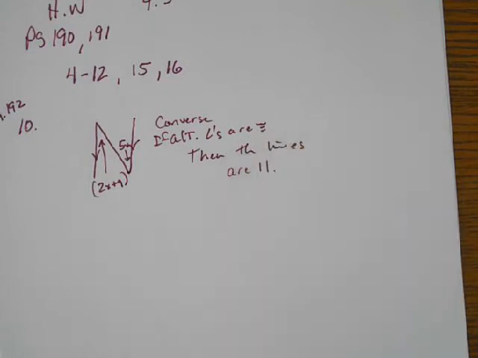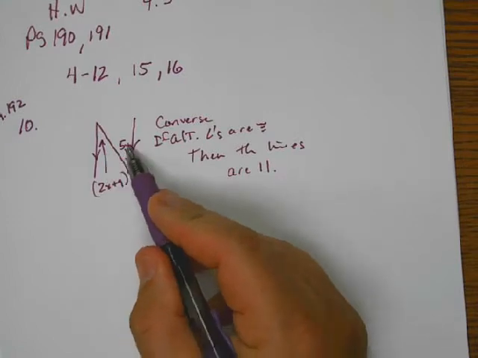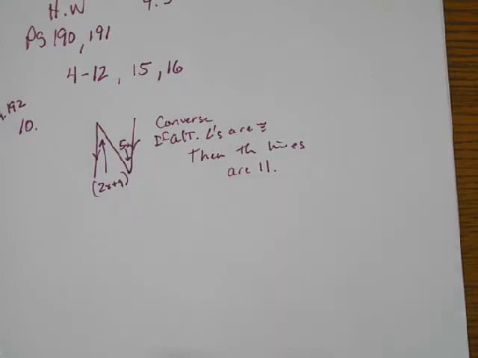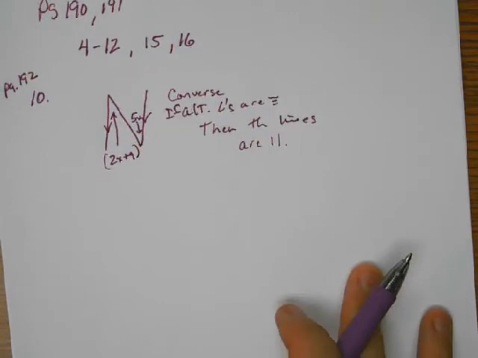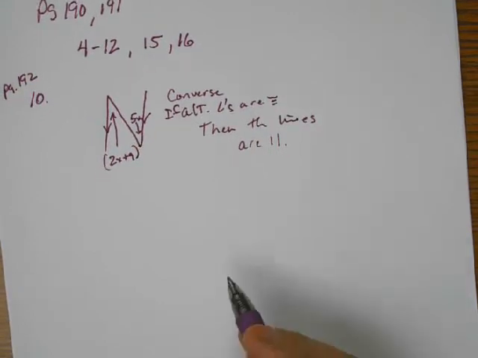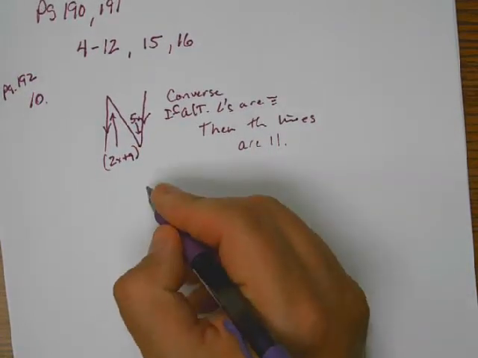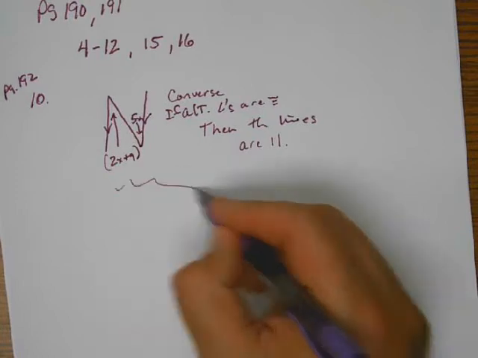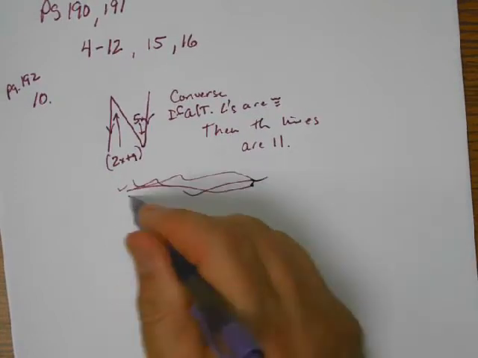So if we can show that these are congruent or set up an equation to find the value of x that makes that true, then we can conclude that the vertical lines of the N are parallel.